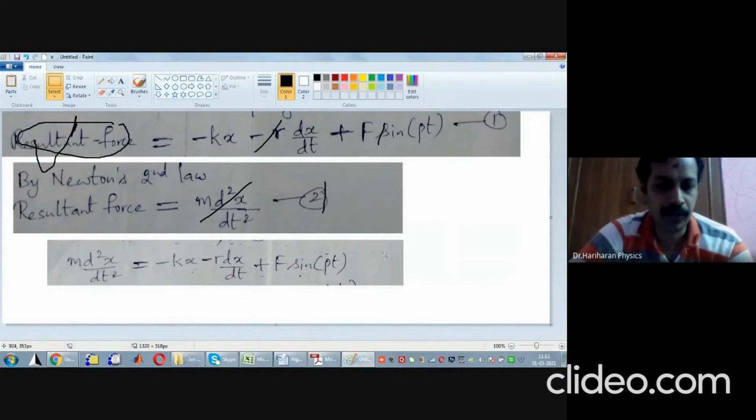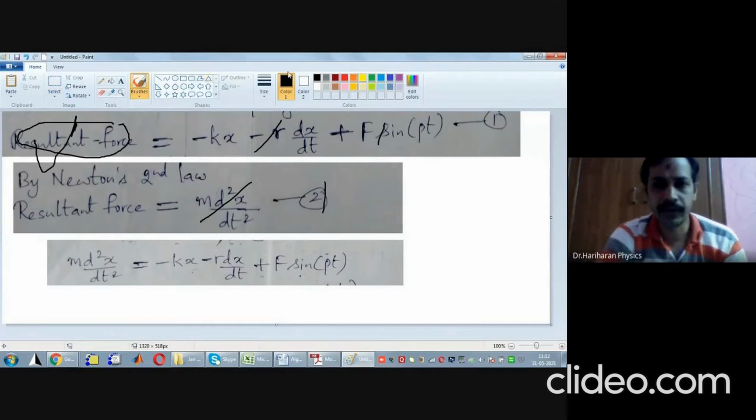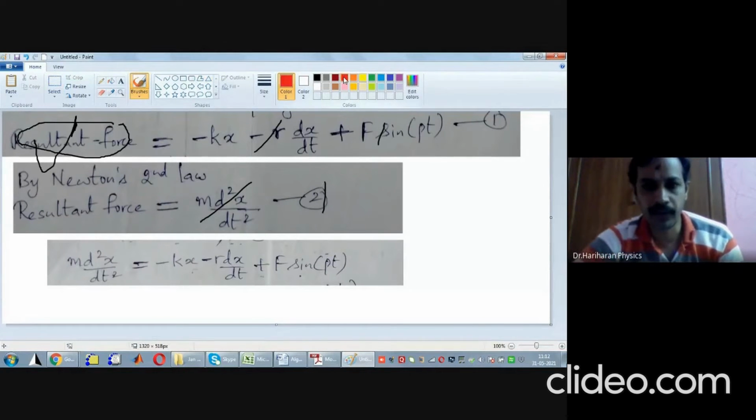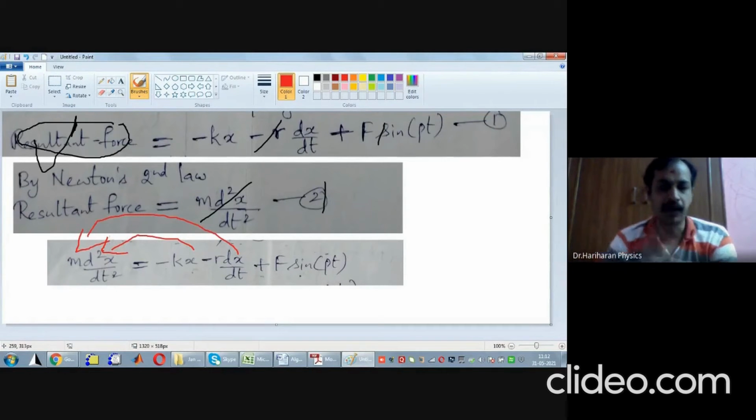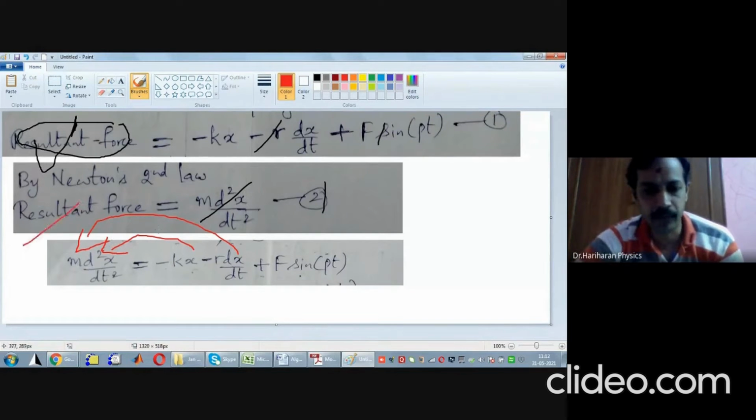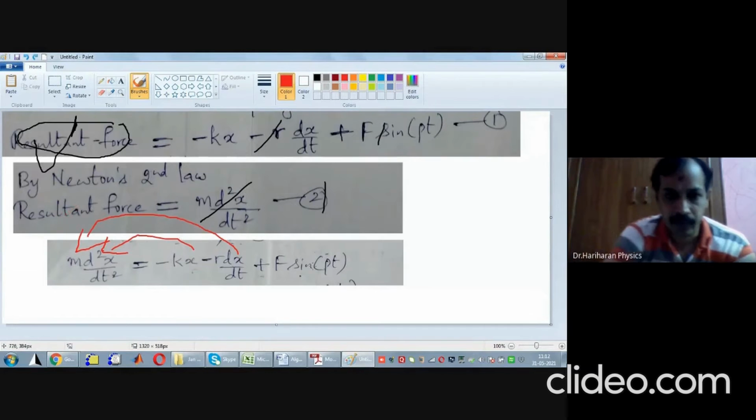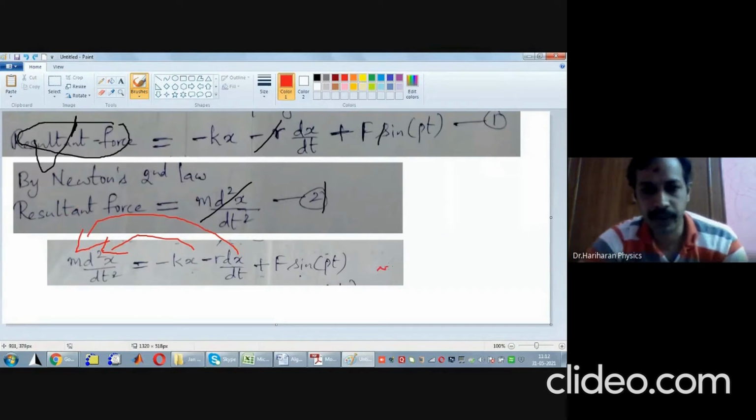Next what I will do, look here, I'll use red color. Just shift all these terms. Minus kx, shift it to the left side, it will become plus kx. Likewise, minus r into dx by dt, shift it to the other side, it will become plus r into dx by dt. Don't do anything with respect to this term, F into sine of Pt.